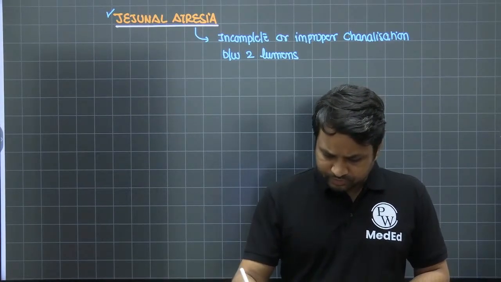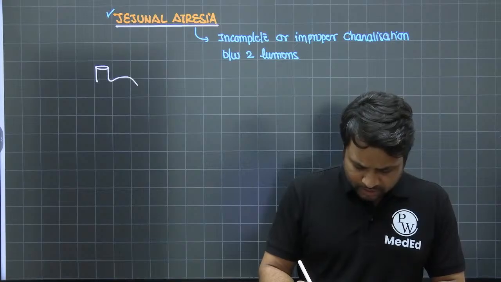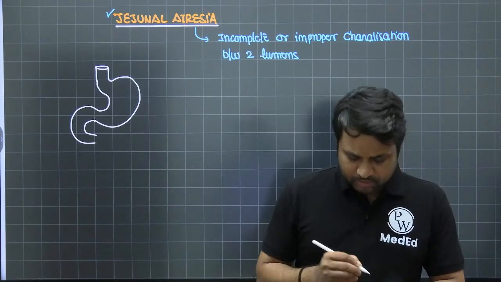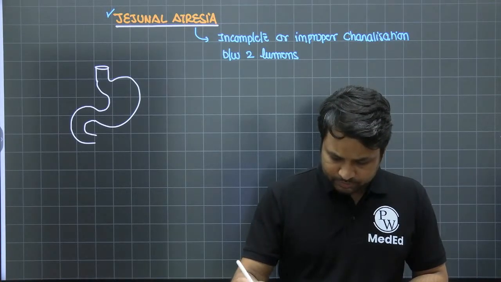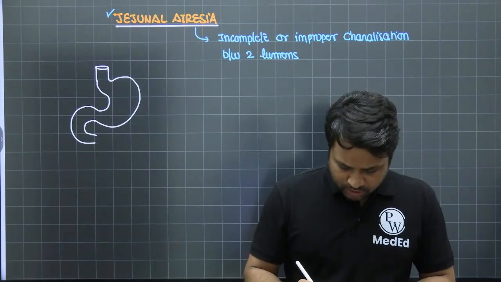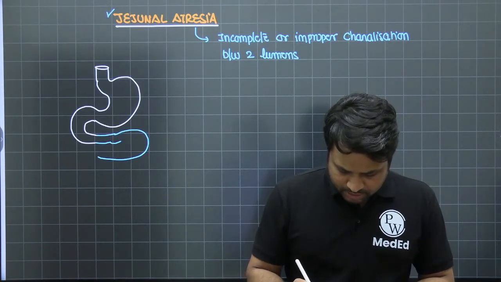Now, in a normal course of development, in the foregut you have the stomach. From there you have the duodenum until the second part. From the duodenum is where the jejunum would start. Let's say this is the jejunal limb.